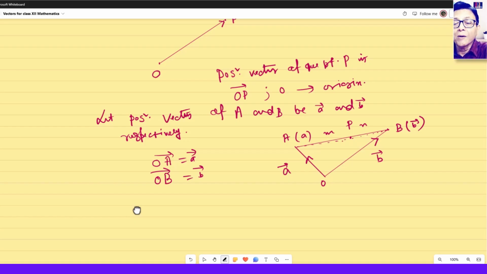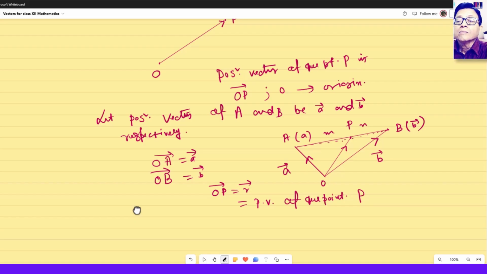We want to find the position vector of P. What does it mean? From O to P, same origin, if you join, then this vector is the position vector of the point P. OP equals R.